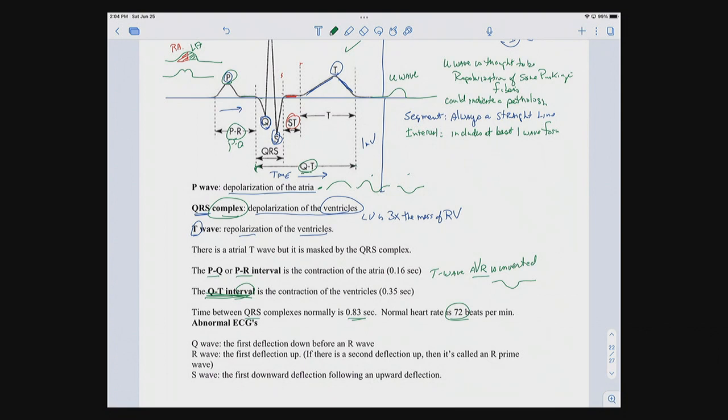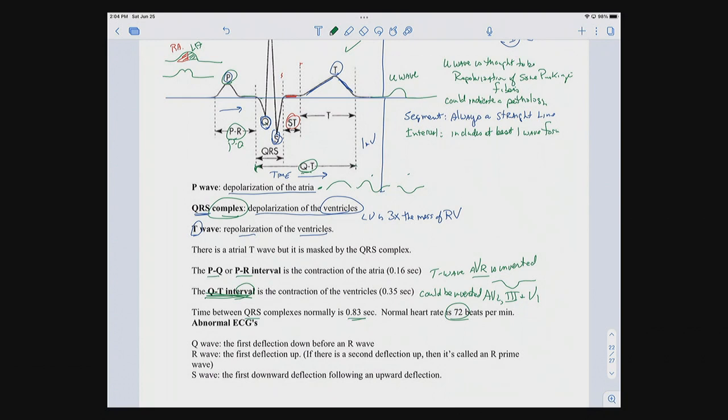It could be inverted in leads AVL, lead 3, and lead V1. Again, this will make more sense later. So the T wave, what it looks like is really going to be dependent upon what lead you're looking at.